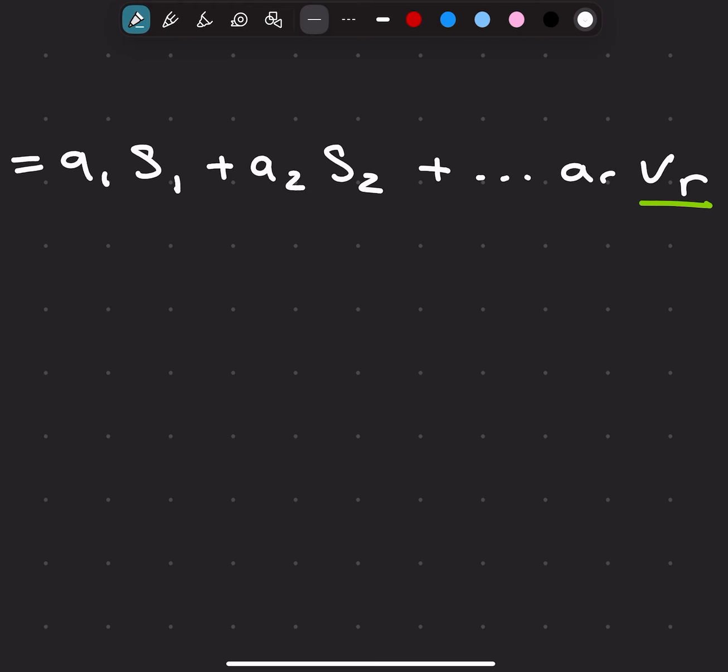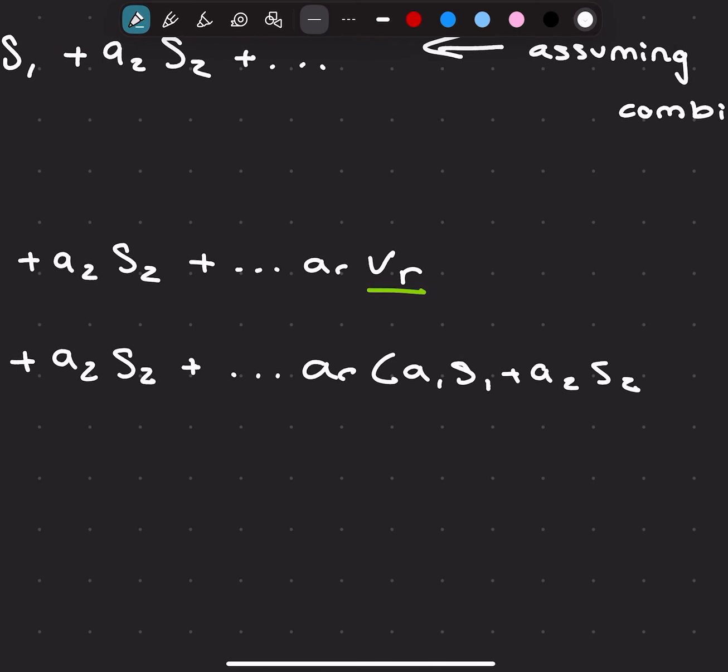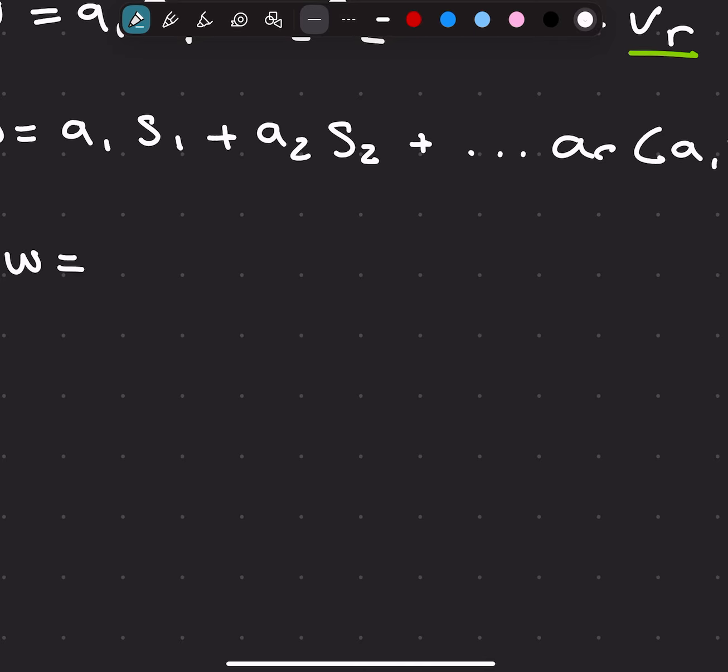So what you get is W equals A1 S1 plus A2 S2 plus AR times A1 S1 plus A2 S2, which then gets W as a linear combination of S1, S2, up to S(R minus 1).